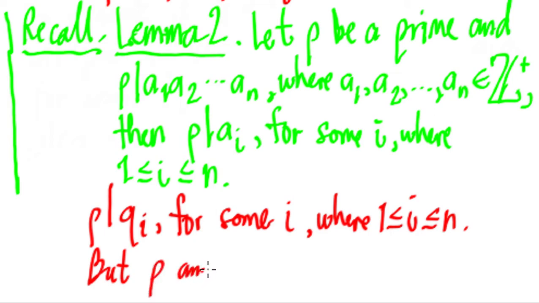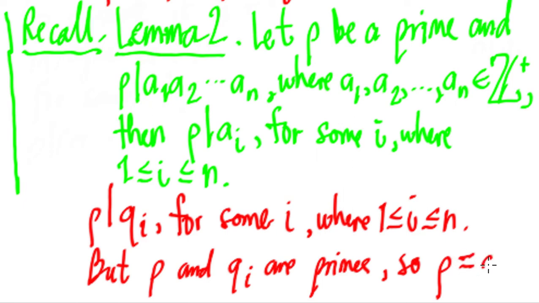Since Q sub I is a prime number and P is also a prime number, there's no other way to make sure that P divides Q sub I other than making them equal.